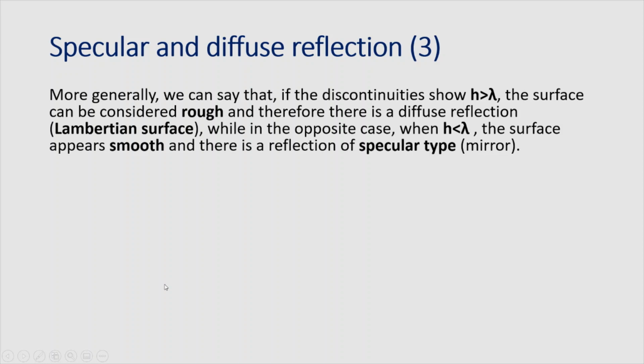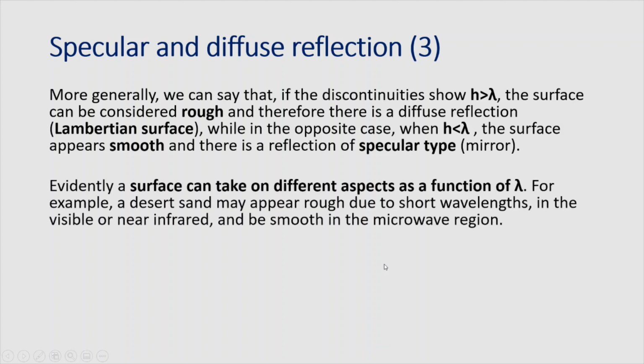More generally, we can say that if the discontinuities show that this quantity h is bigger than lambda, the surface can be considered rough, as I mentioned, and therefore there is a diffuse reflection. While in the opposite case, when h is less than lambda, the surface appears smooth, and there is a reflection of a specular type. So it is really evident that a surface can take on different aspects as a function of lambda, because it's lambda that is governing this Rayleigh criterion.